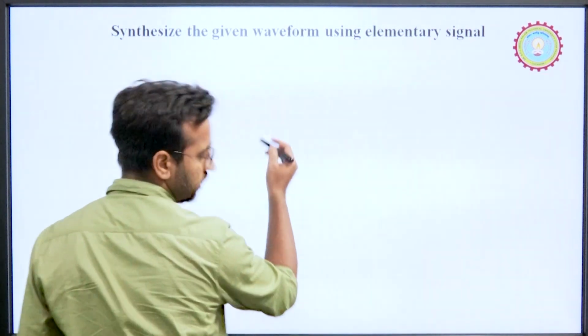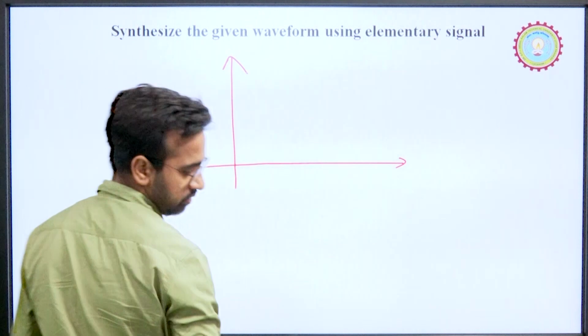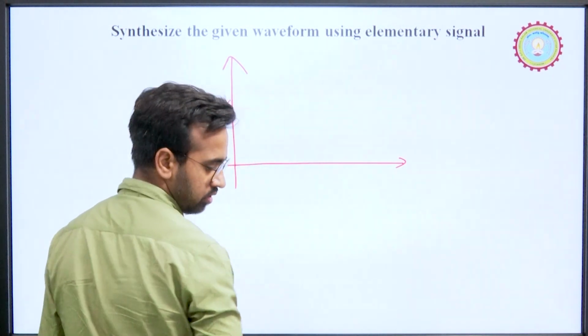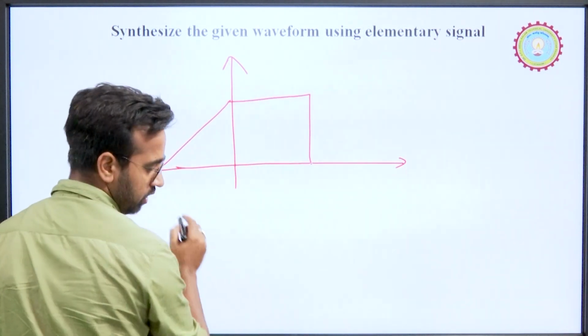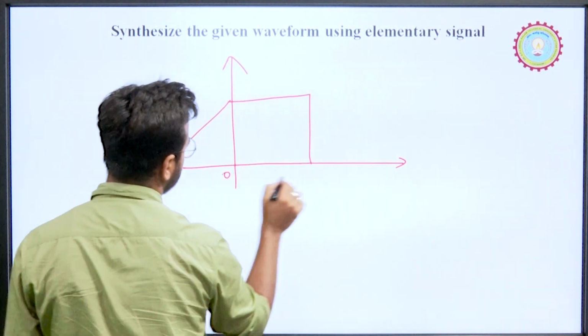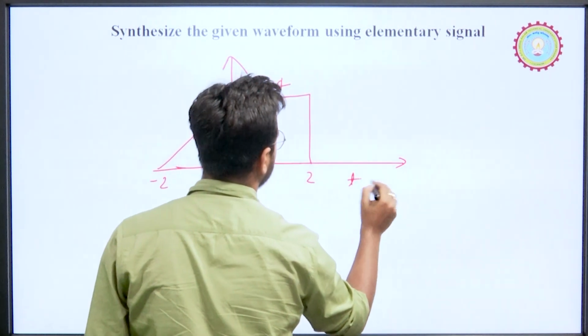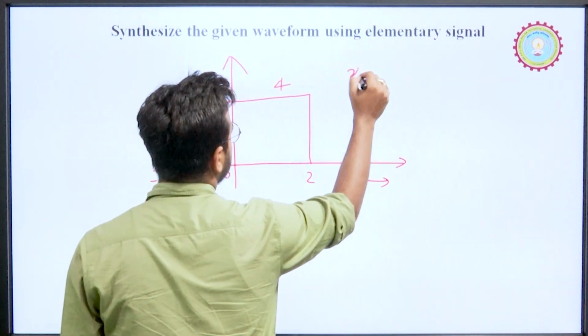Suppose a signal is given like this, with time duration like -2, 0, 2 and 4. Now suppose this is basically x(t).